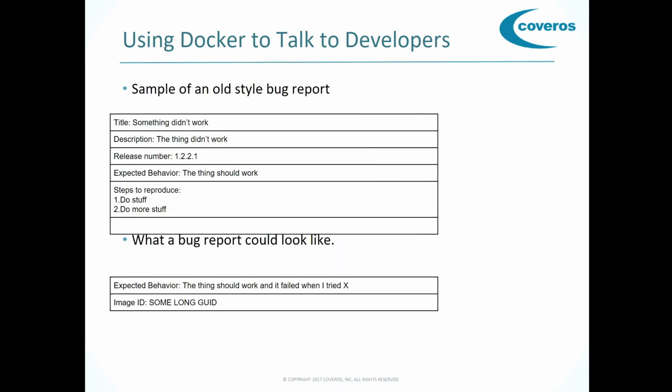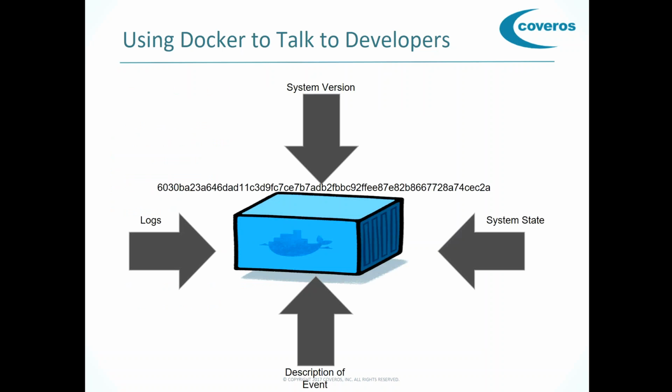And basically this is communicating your entire state in one line instead of just a whole bunch of descriptions. So you have the system version, the system state, logs, and a description of event. And three of those things are in the container, and basically what you're doing in your bug report is you just have the description of the event.